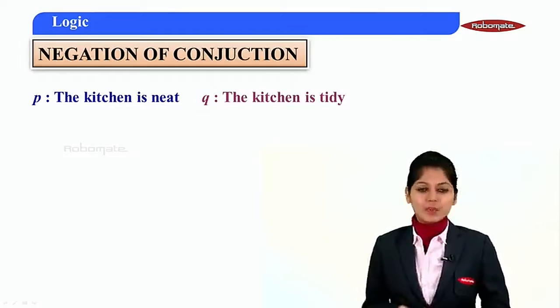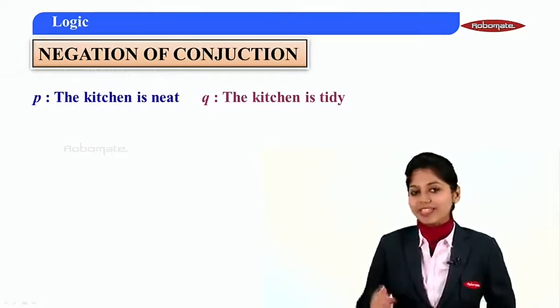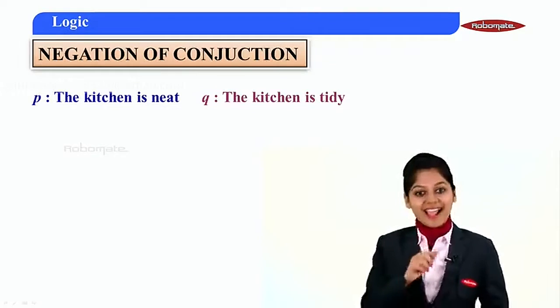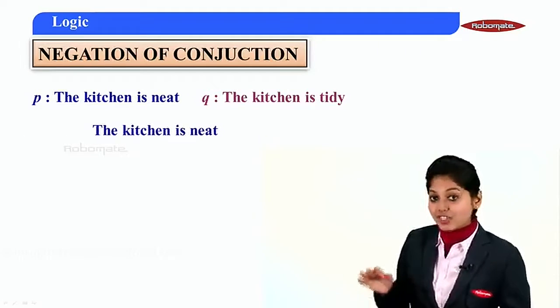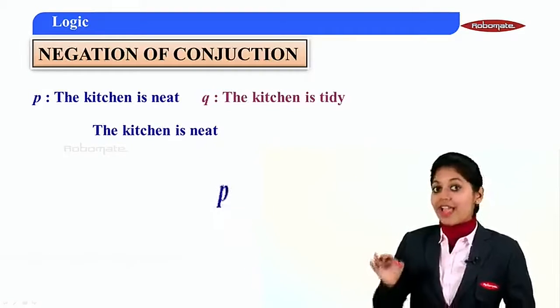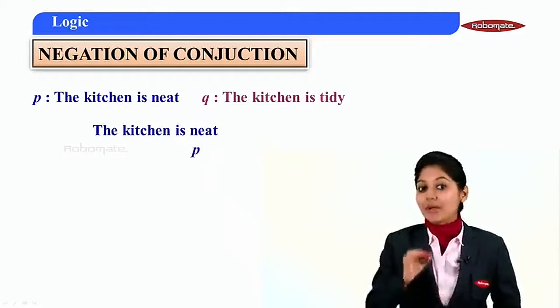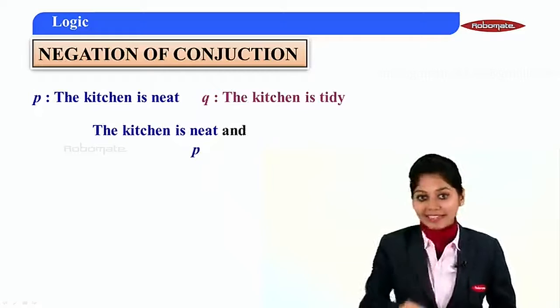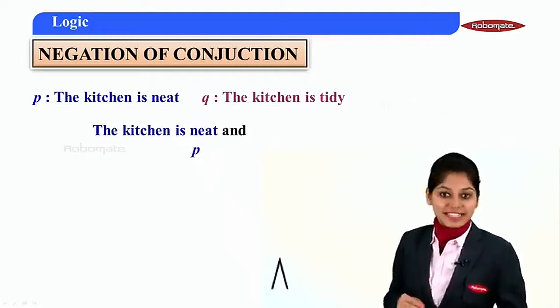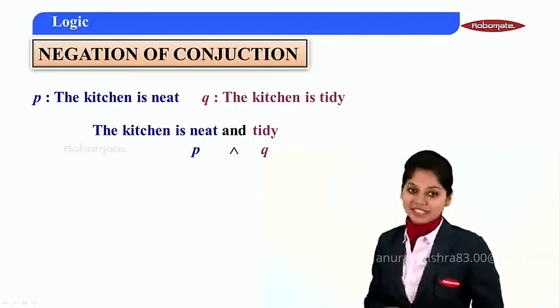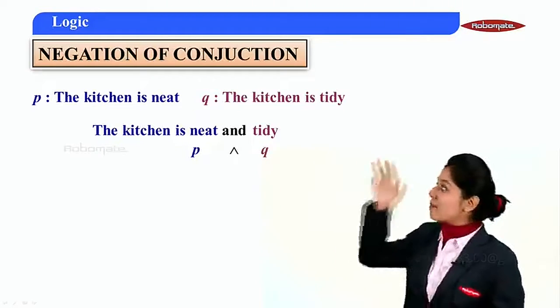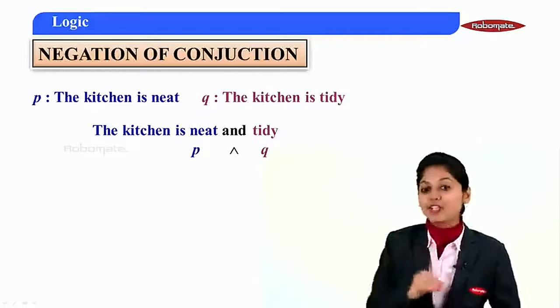Which is the conjunction connective? What is its keyword? It is and. Exactly. So we first get the statement, the kitchen is neat, P, and because I am forming a compound statement consisting of and, it is tidy. That simply means it is P and Q.